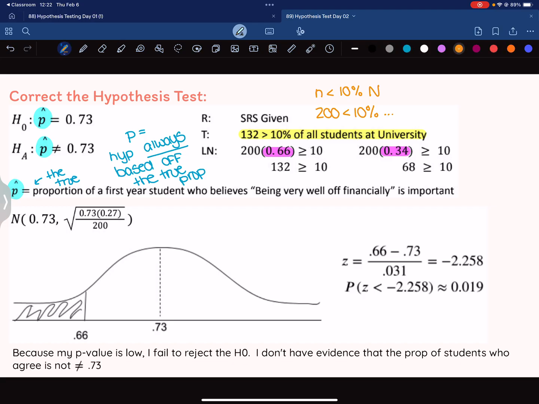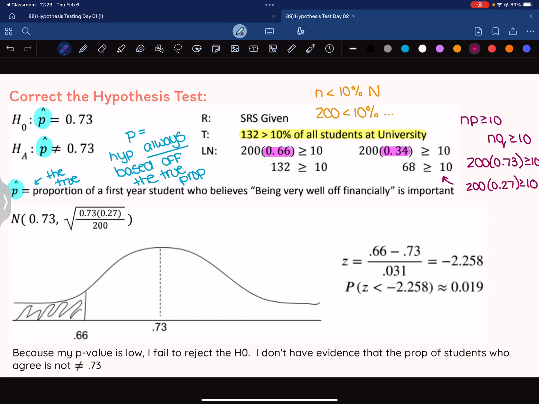That part is supposed to be NP is greater than or equal to 10, and NQ is greater than or equal to 10. So I should be looking at N times 0.73, and really that's 200 times 0.73, and 200 times 0.27. That's what I should be looking at as my large enough check.